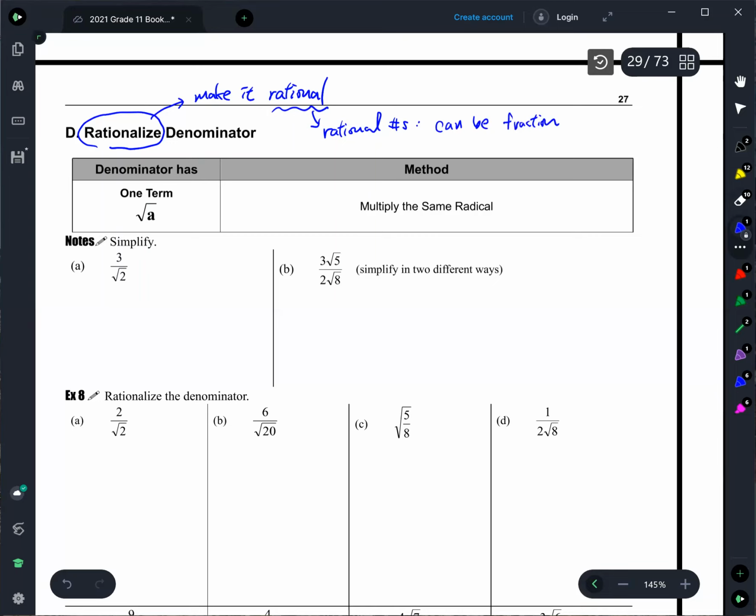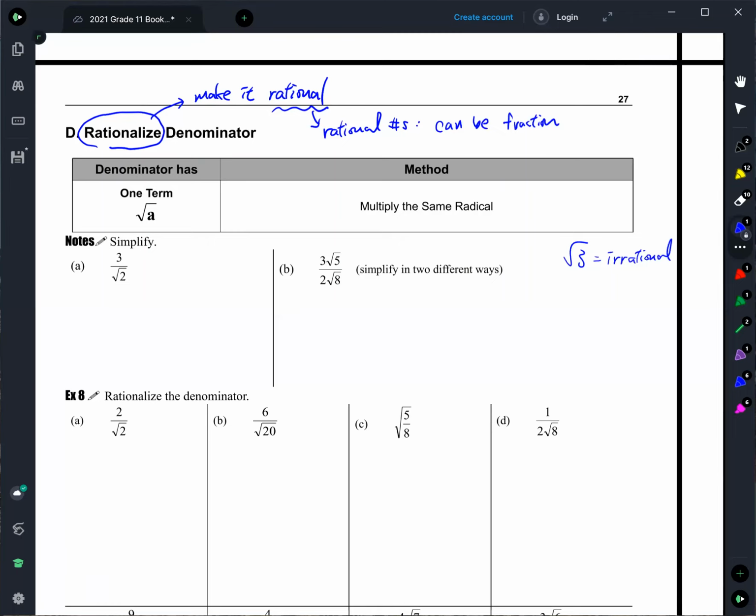So for example, a square root of 3 is irrational, right? Because square root of 3 is 1 point something, I forgot. Square root of 2, those are irrational. Square root of 5, something that's not a perfect square. They are all irrational numbers.